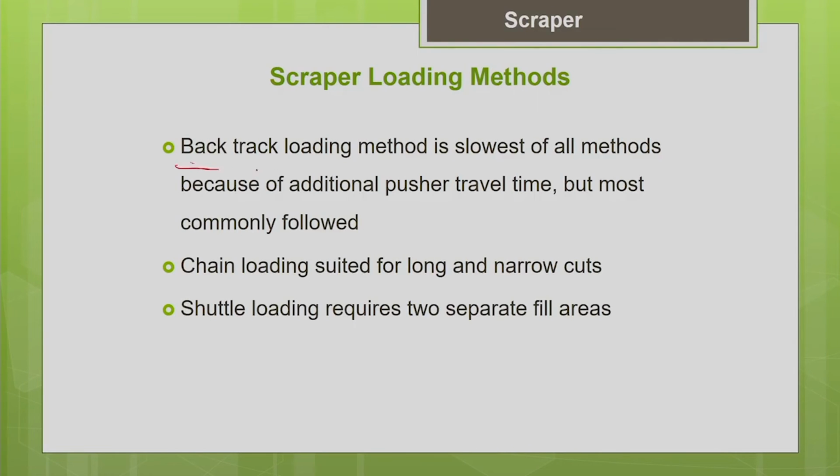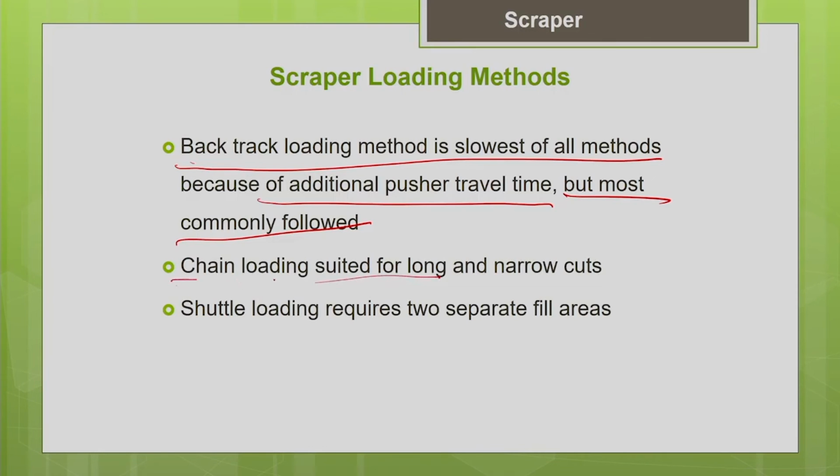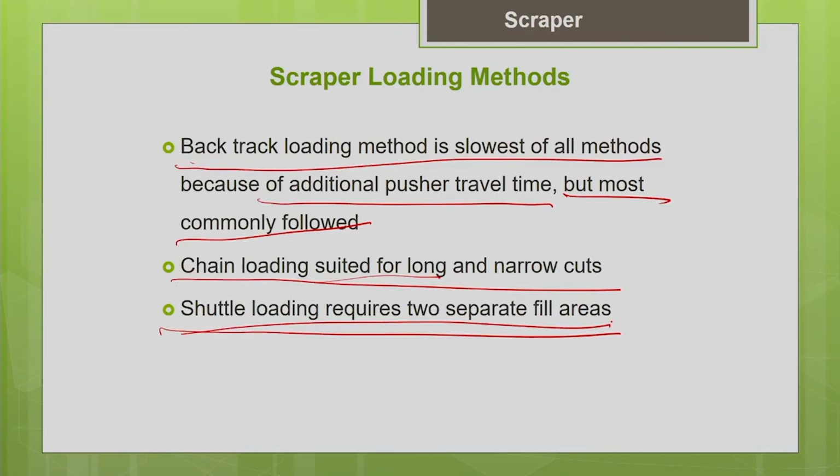Backtrack loading is the slowest of all the methods because of the additional pusher travel time for backtracking, but it is most commonly followed because people prefer cutting in the same direction. Chain loading is suited for long and narrow cuts, and here the return time is reduced. Shuttle loading requires two separate fill areas in both directions, so you can see scrapers moving in both directions. This also has shorter cycle time.